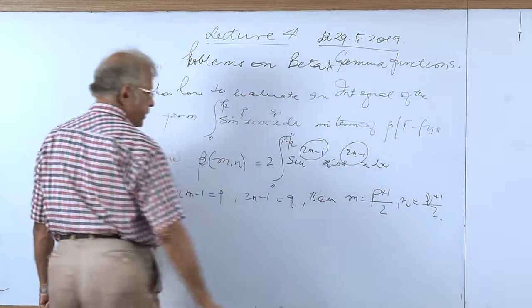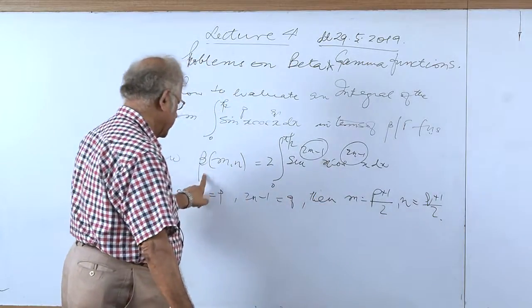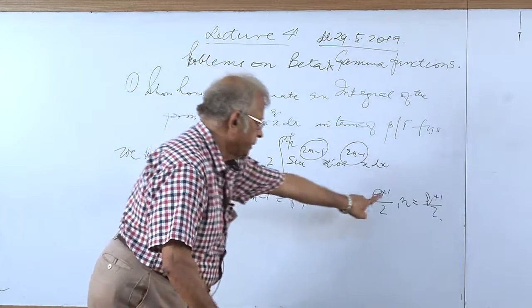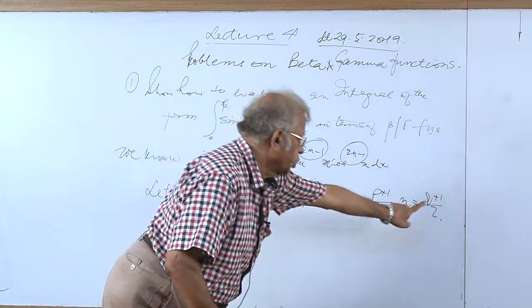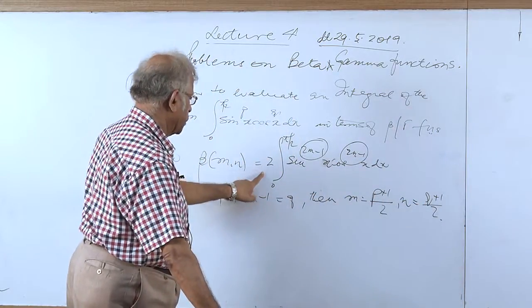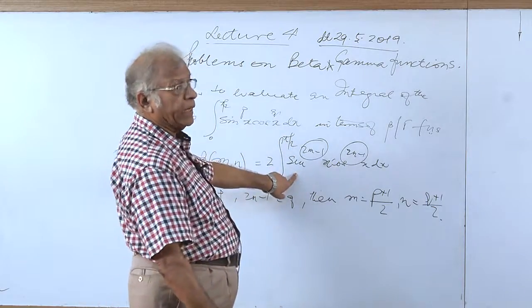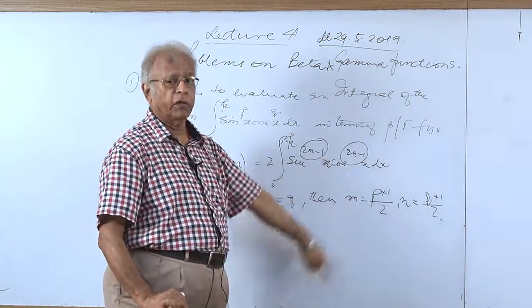So if we substitute these values in this result, we will get beta p plus 1 by 2 comma q plus 1 by 2 is twice the integral from 0 to pi by 2 sine to the power of px and cos to the power of qx.